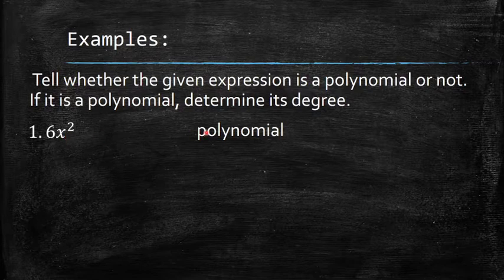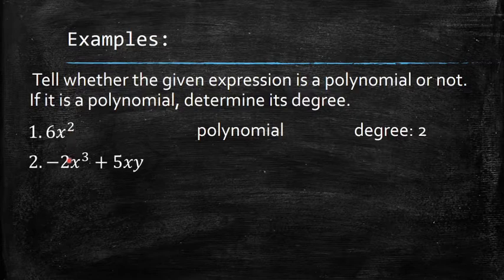And the degree of 6x squared is 2 because it consists of only one term. Automatically, the degree of the variable in the term is the degree of the polynomial, which is 2.